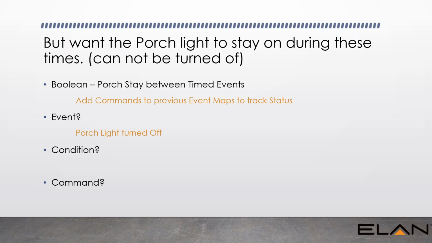What is going to be our event? In this case, the event would be somebody trying to turn off the porch light, with a condition of our Boolean is true. We'll have a command of turn the porch light on. So basically, if somebody tries to turn it off, it will automatically turn it back on.